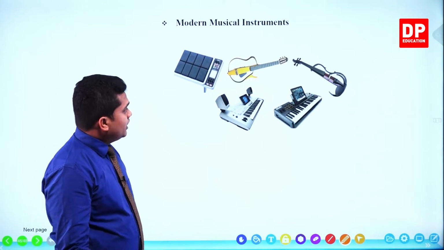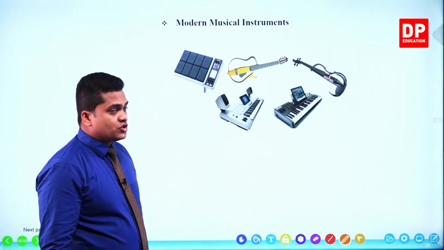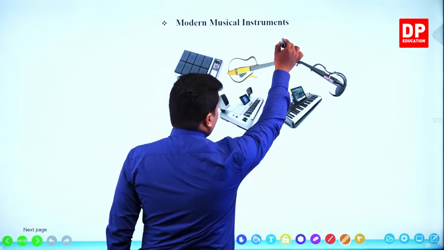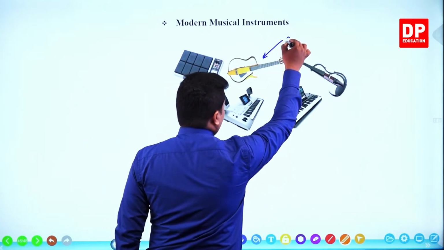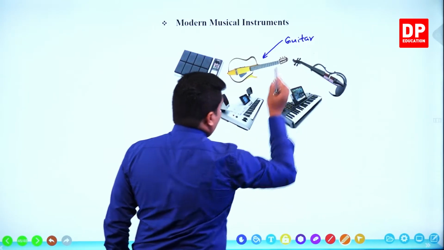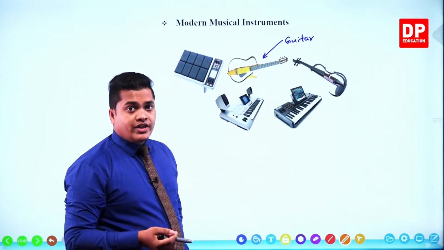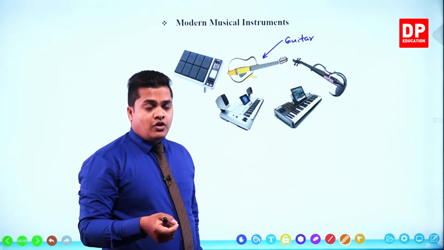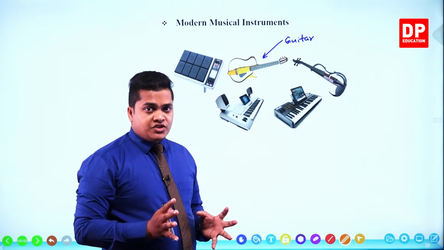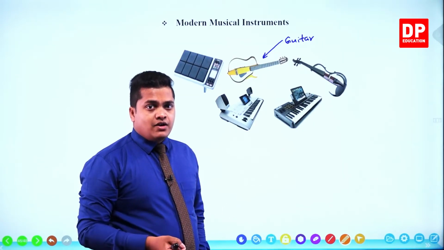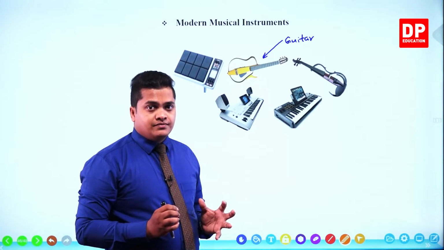So here you are given several modern musical instruments. This is a guitar, not just a guitar, it's an electronic one, which means you can plug it into a computer or a different instrument or a machine, and you can give sound to a large speaker, right?